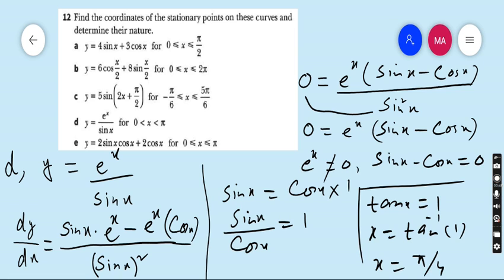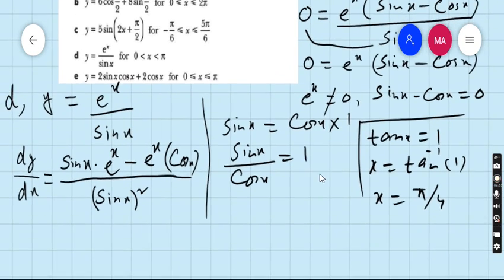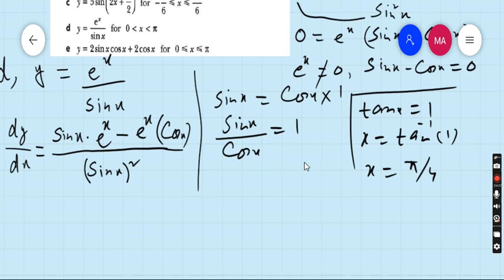So this is the first stationary value of x, that is pi by 4. And because the domain is 0 to pi, this is the only value of x. Now put this value of x in the given question.